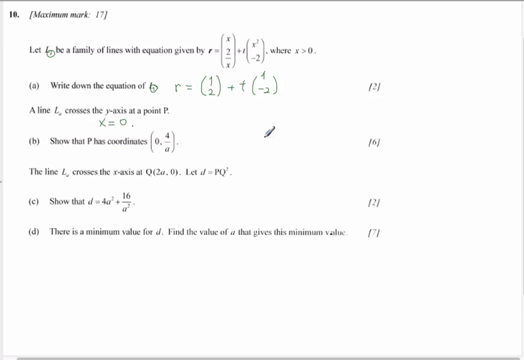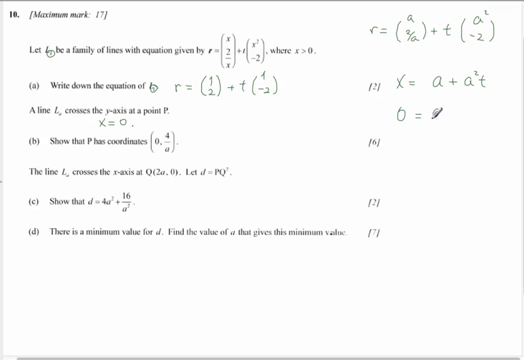Well, line L sub a. So I will try to squeeze that in over here with the purple. The line is going to be (a, 2 over a) plus t times (a squared, negative 2). So the x coordinate of that would be a plus a squared times t. And you know that this x is 0.